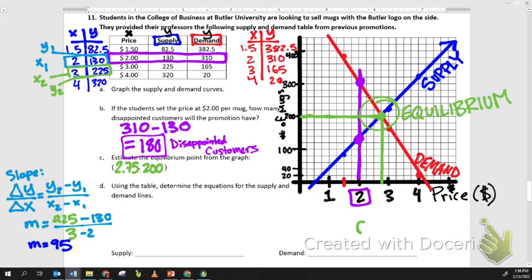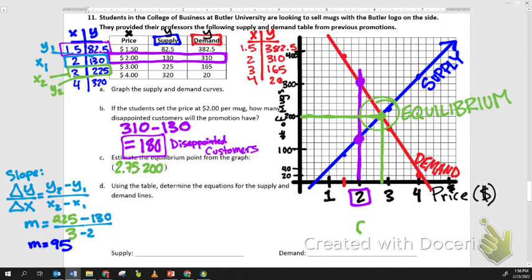But now that I know my slope, I need to find my y-intercept. So I'm going to pick a different one of my XY points. I'm going to pick that first one. Doesn't matter which one I pick, but I'm going to use that first one at $1.50. And I'm just going to plug it into a y equals mx plus b equation.